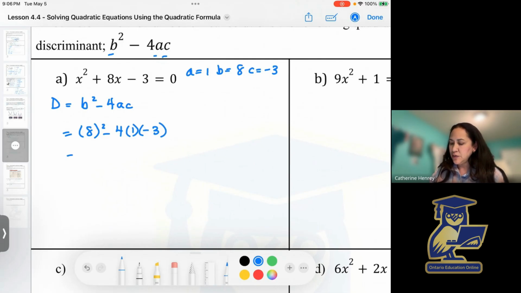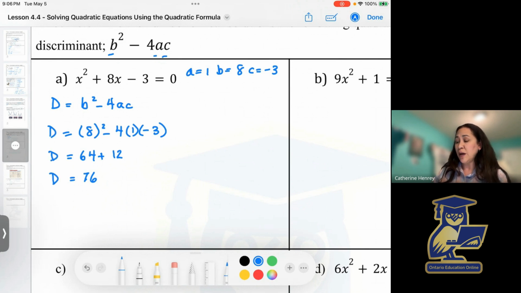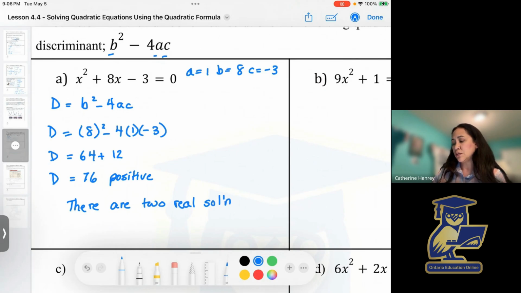So we have 64 plus 12, and we have 76. So the discriminant here is 76. Doesn't necessarily matter that it's 76, but what matters is that it's positive. Since the discriminant is positive, then there are 2 real solutions or roots to this quadratic.